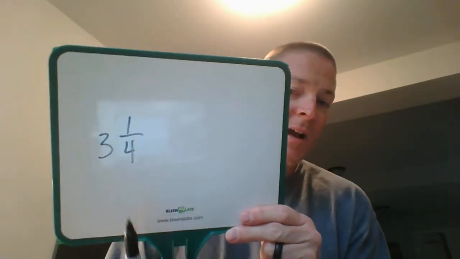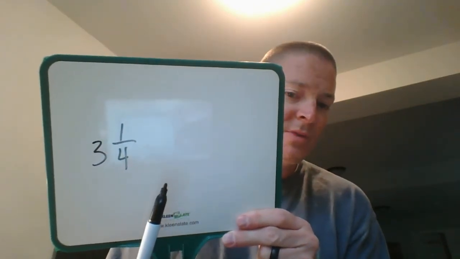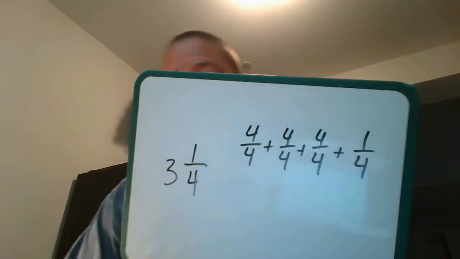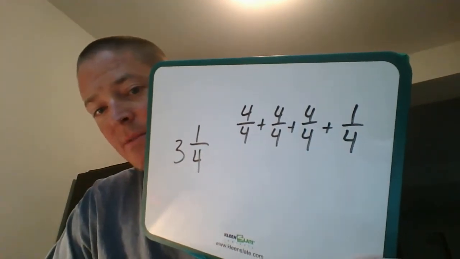Now, in this case, our denominator is no longer a 5 like the first one. Now it's a 4. So each of those groups of 3 are actually 4/4. So I'm going to write that out like this: 4/4 plus 4/4 plus 4/4 plus 1/4. That's how my brain sees that mixed number.